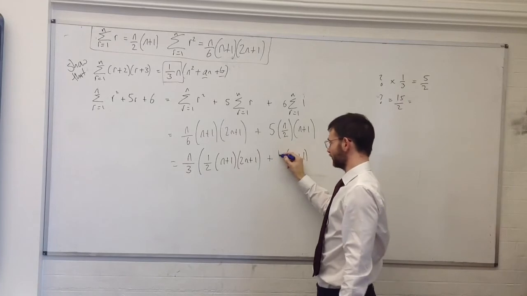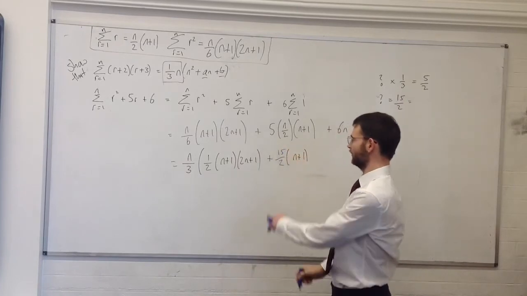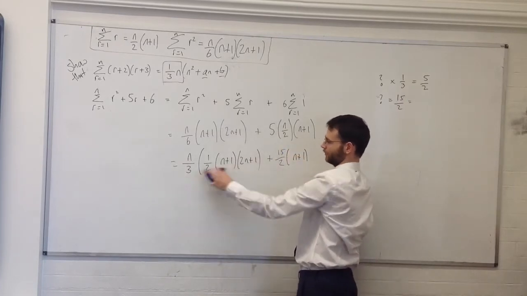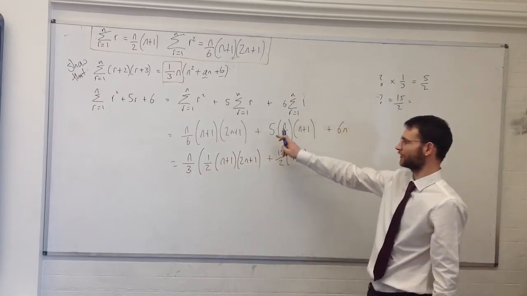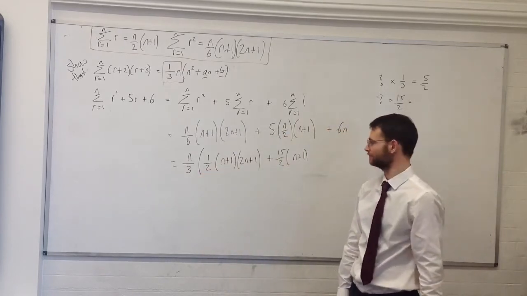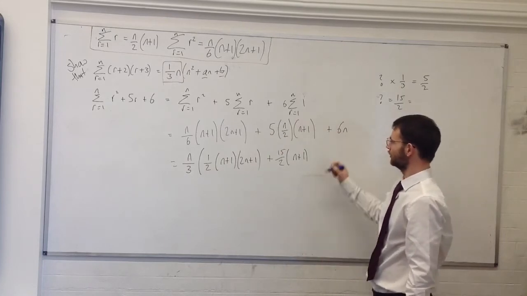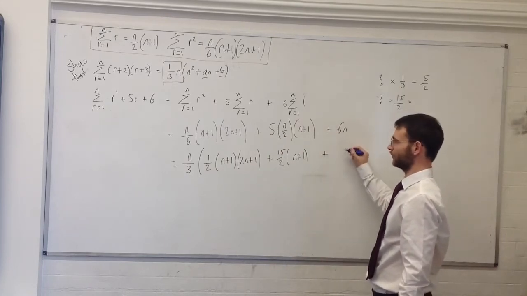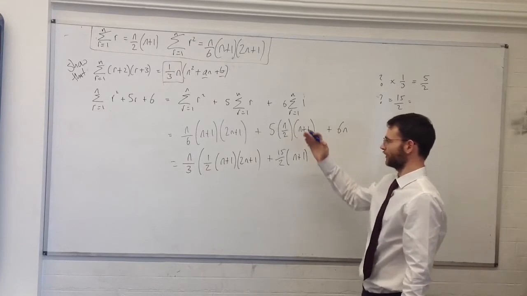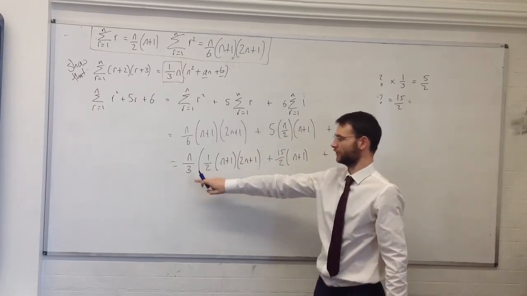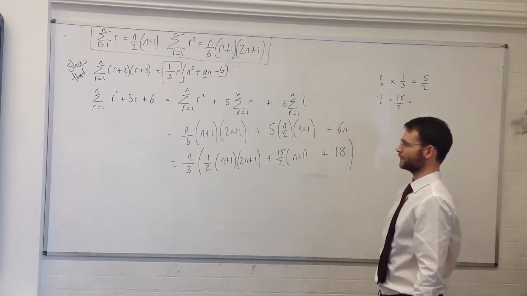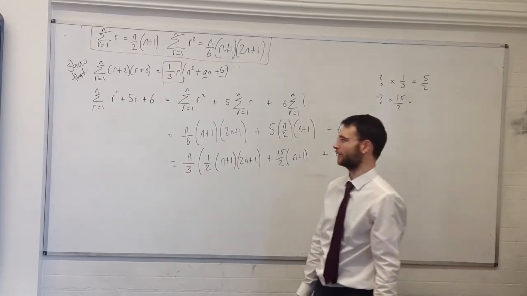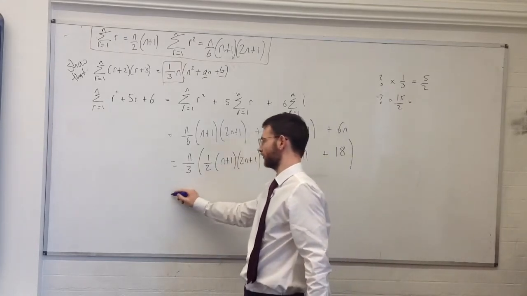So 15 over 2, if I do 15 over 2 times 1/3, it would be 15 over 6. 15 over 6 is the same as 5 over 2. And the 6n, well, the n's already come out. Something times by 1/3 gives 6, well, that's 18. And then I've got my n over 3 out, and I can just deal with all of the inside.